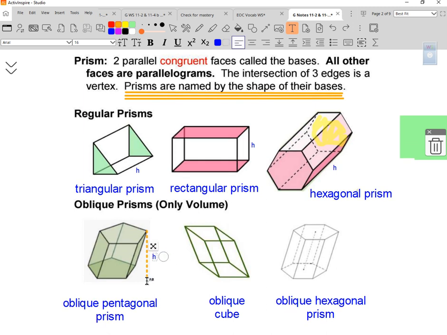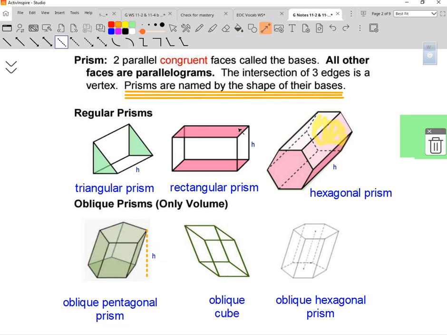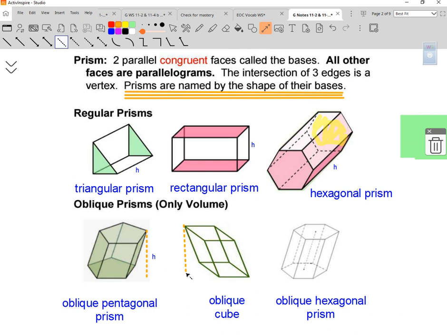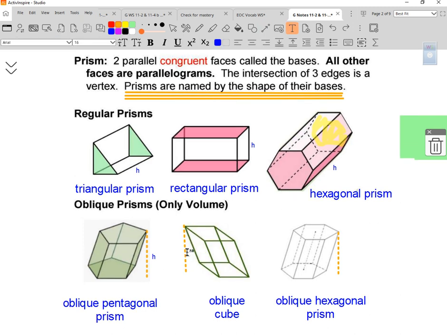And that would be when it's perpendicular to the bottom base. And my board is not cooperating right this second, but here, that's the height. Here, that's the height. Make sure you're labeling it.